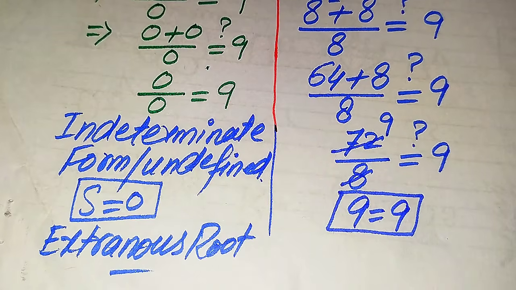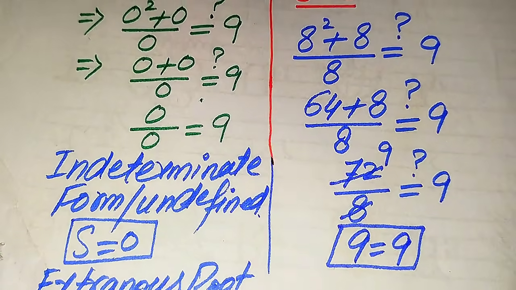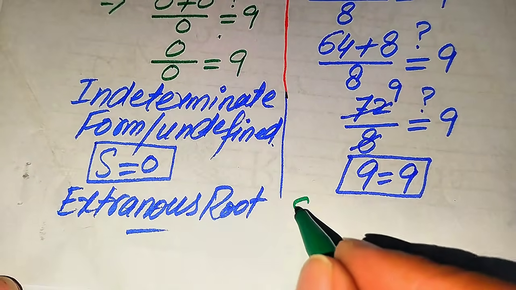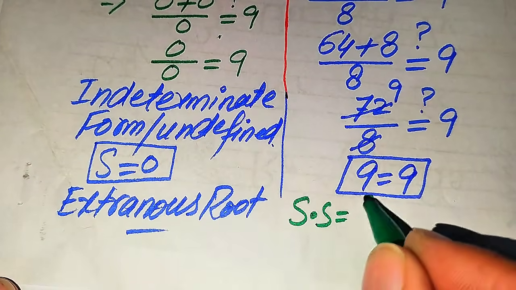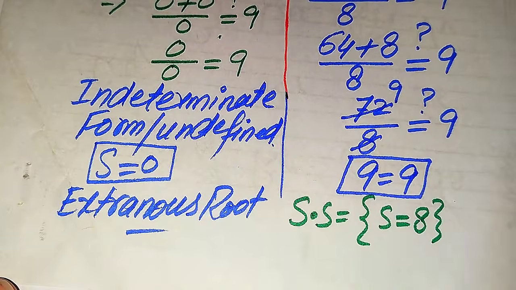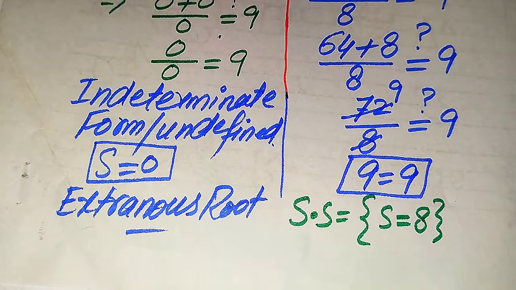Now when we choose s = 8, this means that s = 8 is the solution of the given equation. So now we conclude the solution set of this question, and the solution set is s = 8. So s = 8 is the only solution of the given equation which we get from the first method. And now we move towards our second method.